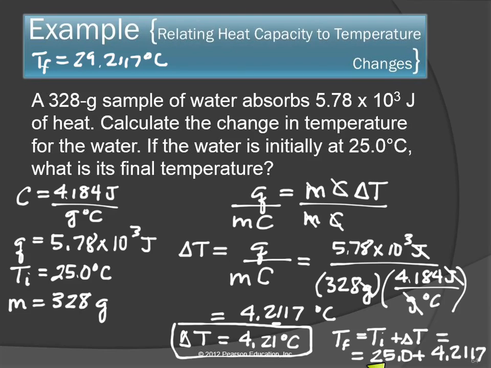And then we have to look back down here. The 4.2117 had uncertainty in the second decimal place, and the 25 had uncertainty in the first decimal place. So we're going to round this to the first decimal place, and this answer is 29.2 degrees Celsius. Any questions?